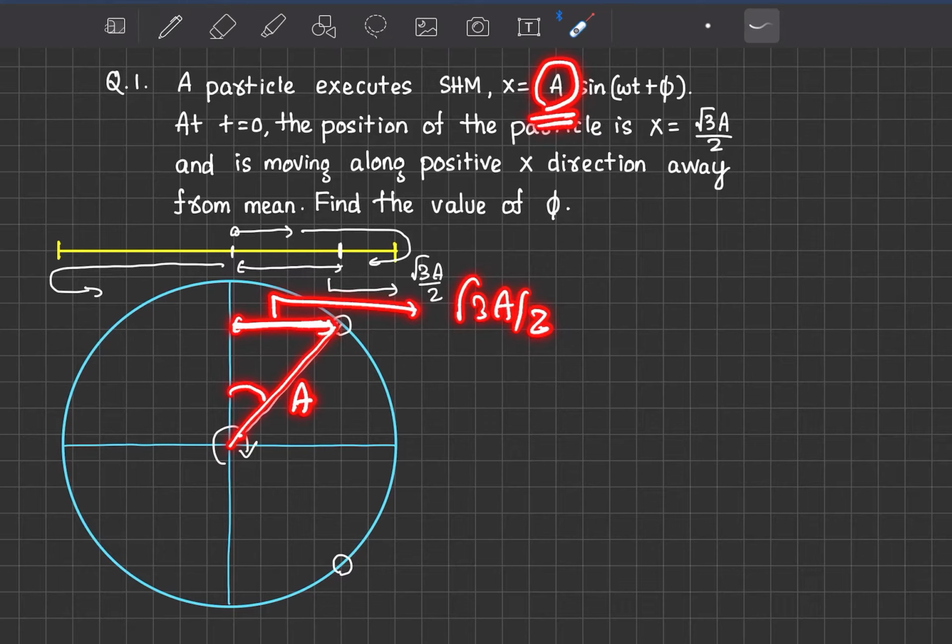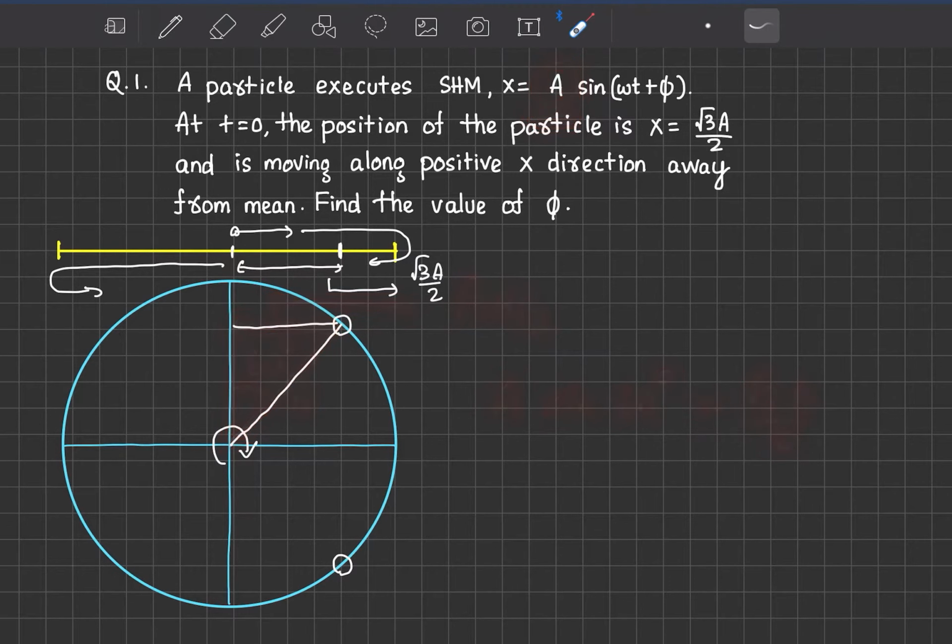So this angle must be 60 degrees, because a sin 60 gives us root 3 a by 2. This angle is our initial phase. So we got our initial phase φ to be 60 degrees. This is the answer to question number 1.